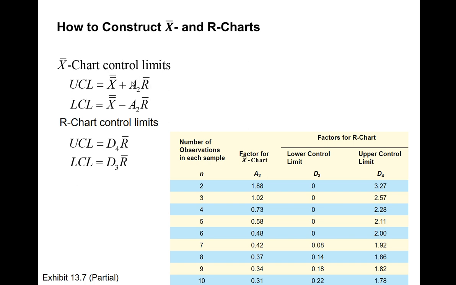We have other symbols here, which are A2, D4, and D3. The A2, D4, and D3 can be obtained from Exhibit 13.7, this table, and you can find the table on page 377.